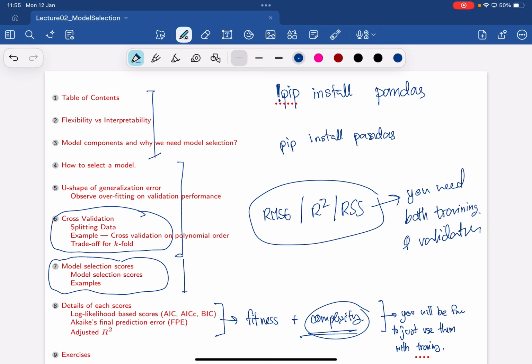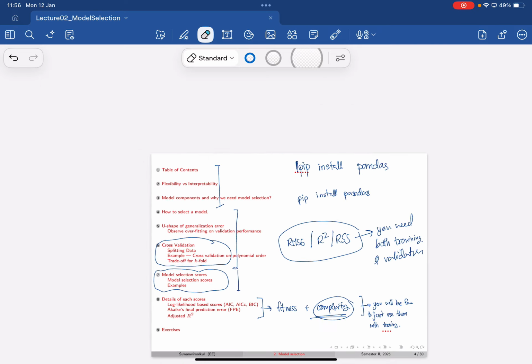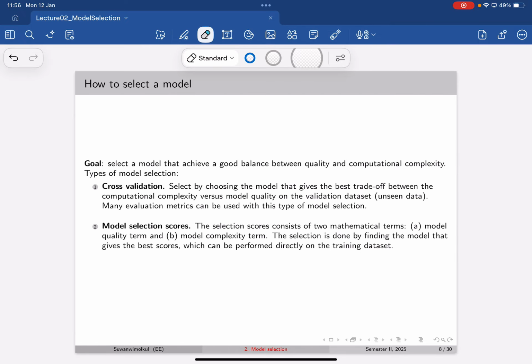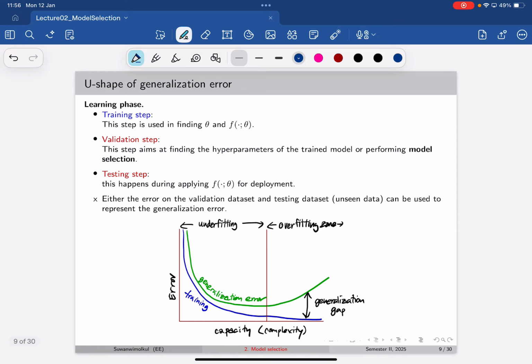But another thing that we go through today is about your data splitting. This is the kind of topic that we will learn today, but we can skip this part because I think we all understand what the validation is.